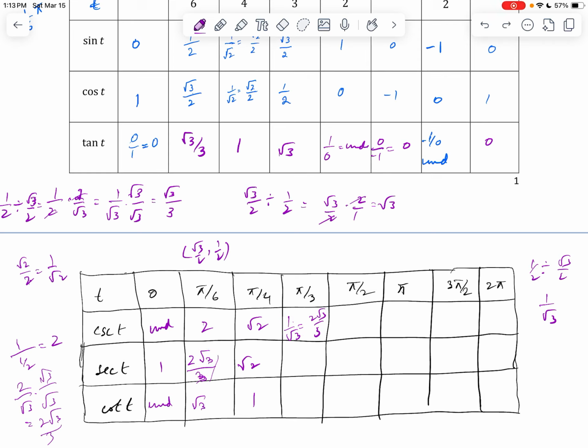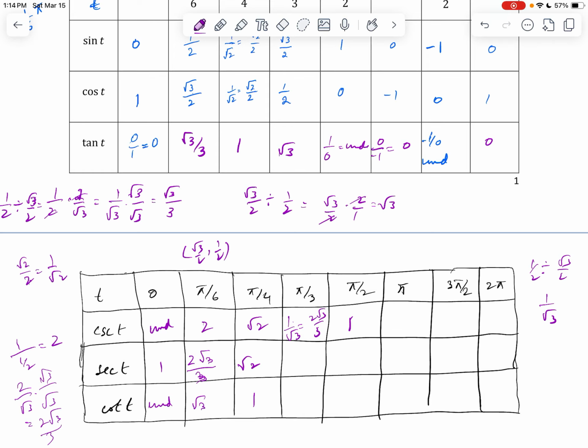Okay, the next thing is pi over 2. So the cosecant of pi over 2 will be 1 over y. So the y coordinate is 1, so we get 1. Secant of pi over 2.